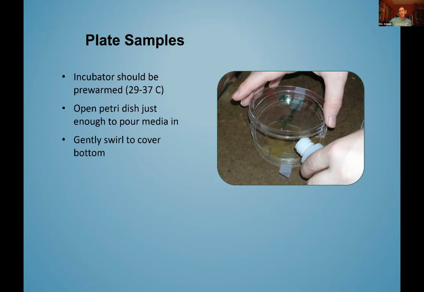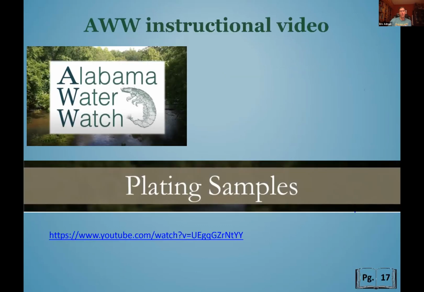You want to swirl it around just gently a little bit on the flat surface that it's on, so that it covers the whole bottom of the Petri dish, but you want to try to avoid sloshing it up on the side, because what you'll find is if you get colonies that are growing up on the side, they can be hard to count. And then you're going to place it right into the incubator and let it start incubating. So we'll watch a video now on plating samples so you can see it in action.